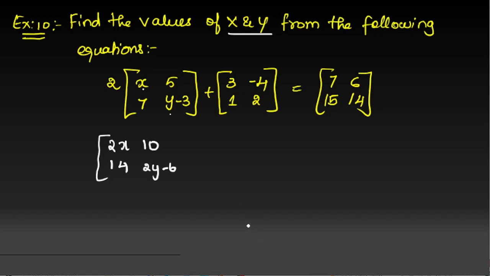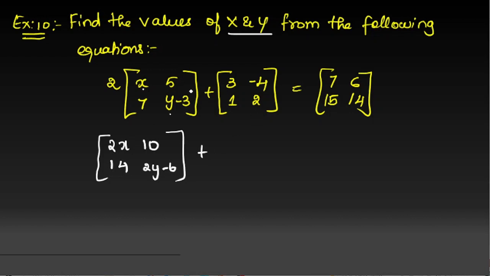See, when you have 2 into y minus 3, you will do the 2 for both the values, right? So 2y and 6 you will get, right? 2y minus 6. So like this only you have to write. So I have written here 2y minus 6. Right. So now I am closing the bracket, plus.